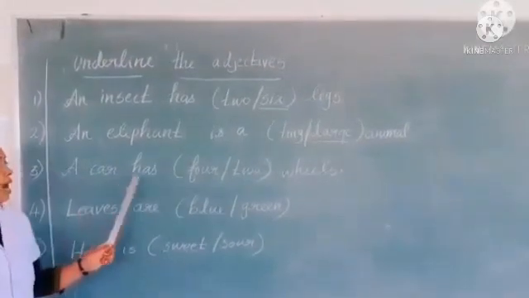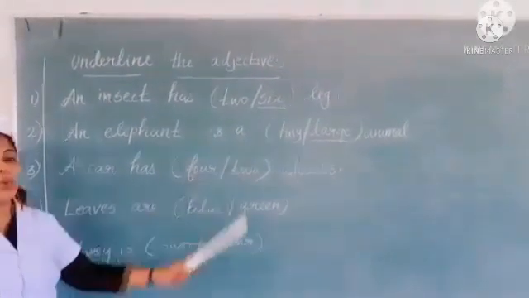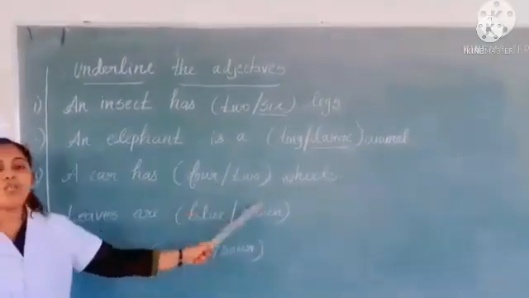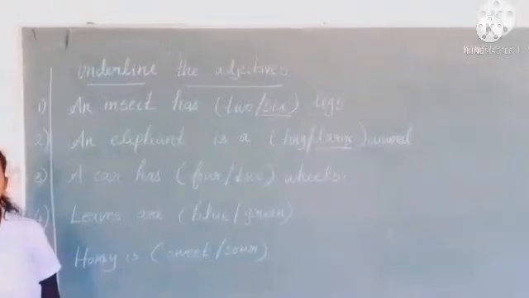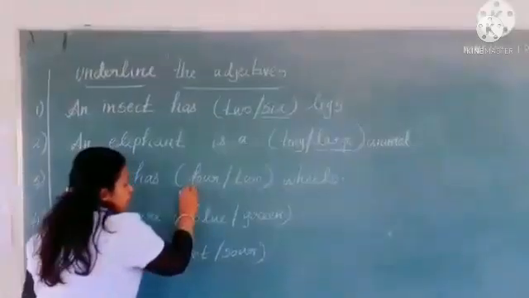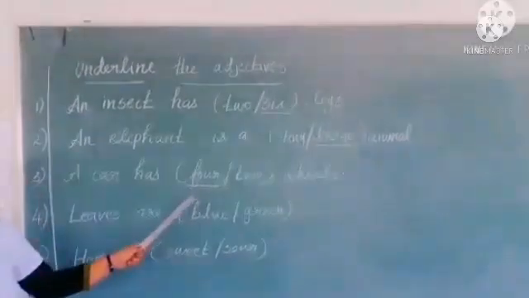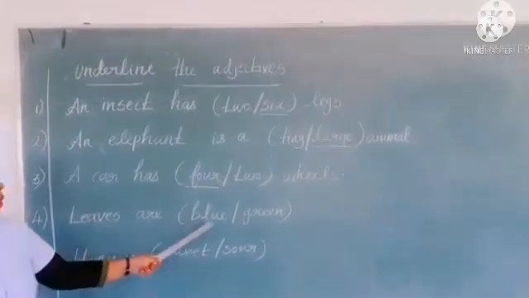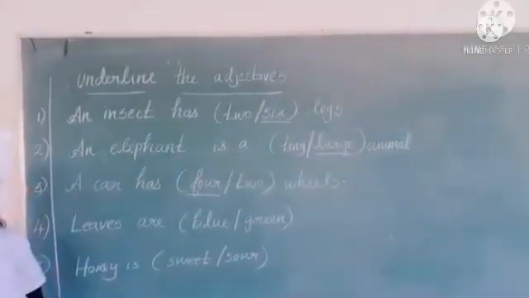Third one, a car has 4 or 2 wheels. Yes, 4. It shows the number. Fourth one, leaves are blue or green. What's the color of the leaves? Yes, green.